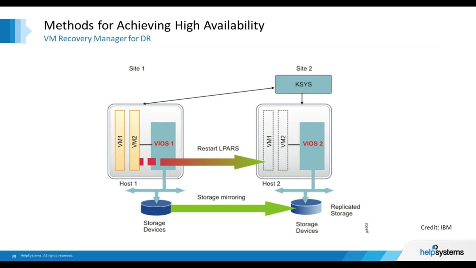That's a key point. So if the production system fails, the VMs are restarted on the second system in the cluster. Again, the KSYS is key, and it's responsible for the recovery actions if a disaster or potential disaster occurs. The KSYS constantly monitors the production environment for typically unplanned outages that could affect the production site or even disk subsystems.